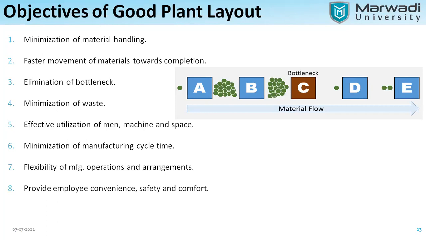So Ratan Tata initiated shifting the plant to Gujarat so that it would be safe to make the Tata Nano here and it would be supplied all over India. So it will provide employee convenience. Employee को भी वहाँ safety मिल गई, convenience मिल गया और comfort मिल गया.